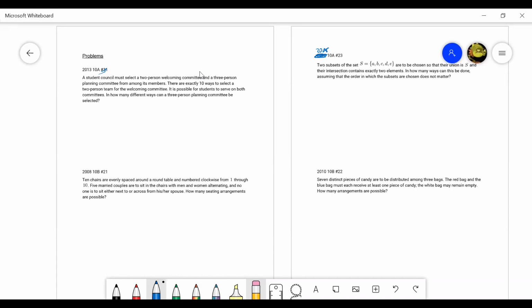You're given that there are 10 ways to select 2 people. This is simply n choose 2 equals 10, and you want to find n choose 3.